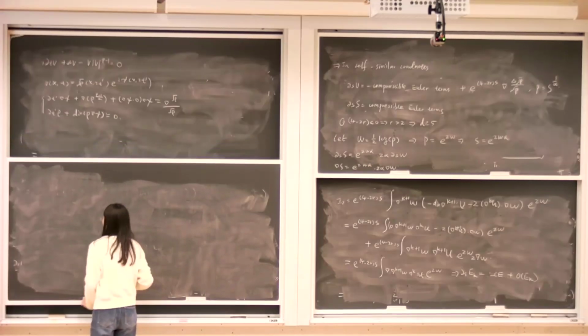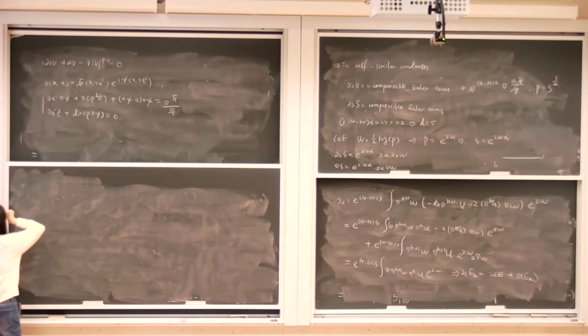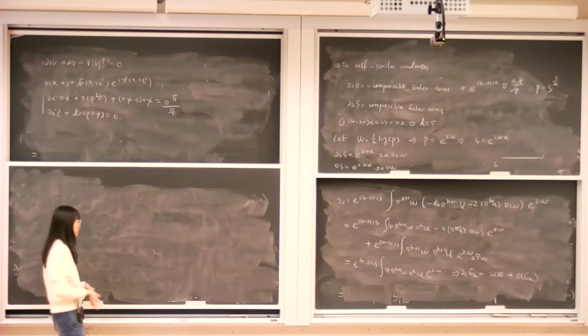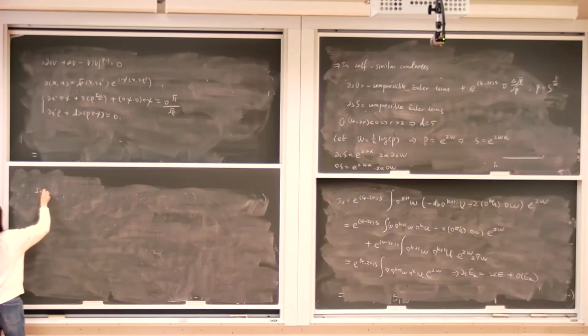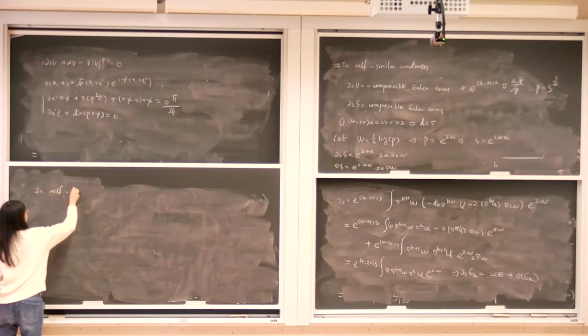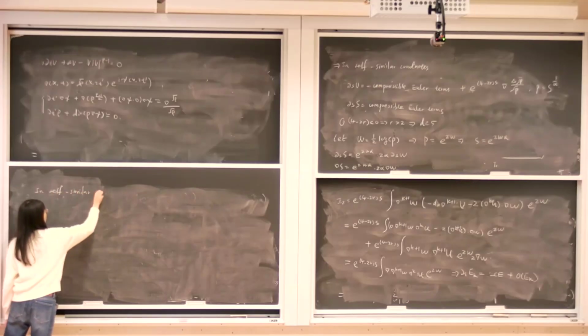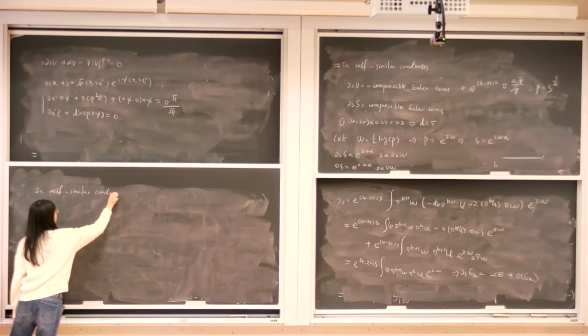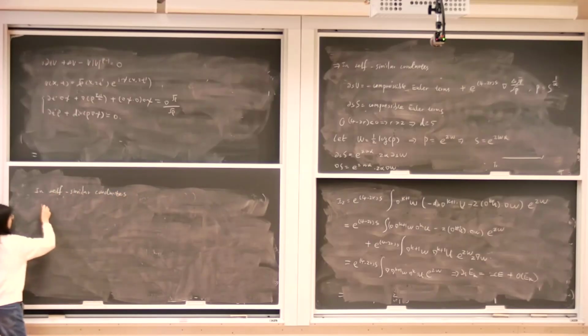So now instead of doing the perturbation near the self-similar solution, you do a cutoff, because now the self-similar solution is defined on the whole space. But on the torus, the radially symmetric self-similar solution doesn't fit. So first, in self-similar coordinates, the space variable, if you are originally in the torus, it is actually in the e to the s torus.